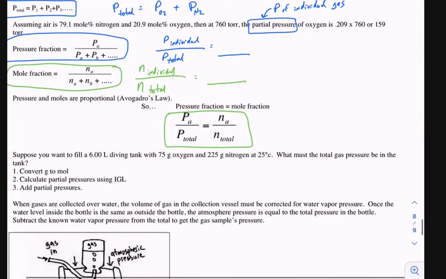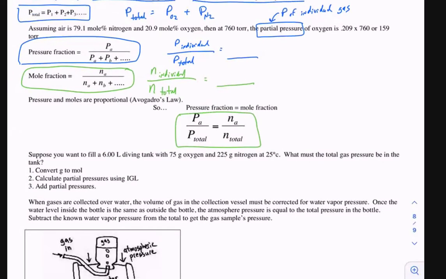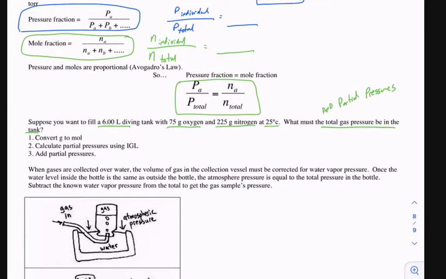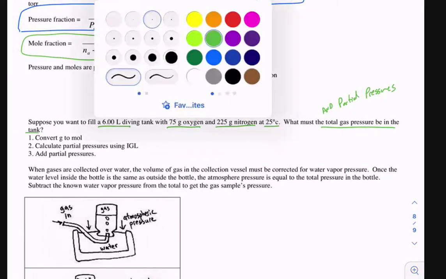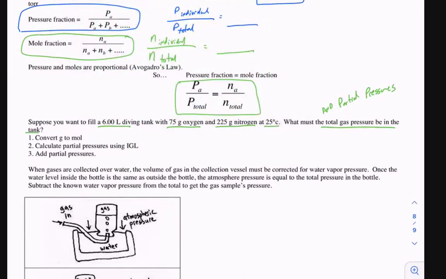Okay, so example. Let's say we have a 6-liter tank. And in this tank, let's say we have this much oxygen and this much nitrogen, and this is the temperature. What is the total gas pressure in the tank? Actually, total and individual and partial pressures. I want to know the individual pressures and I want to know the total pressure. Okay, so let's take our information and put it into terms that are useful.